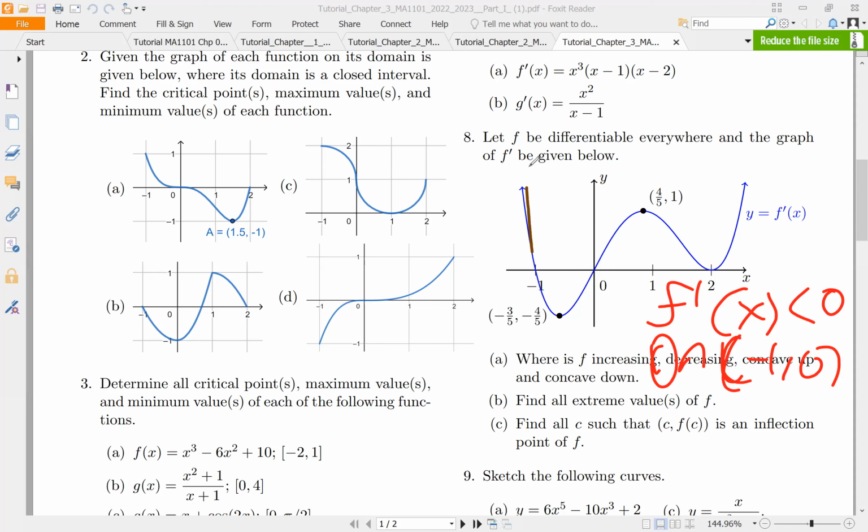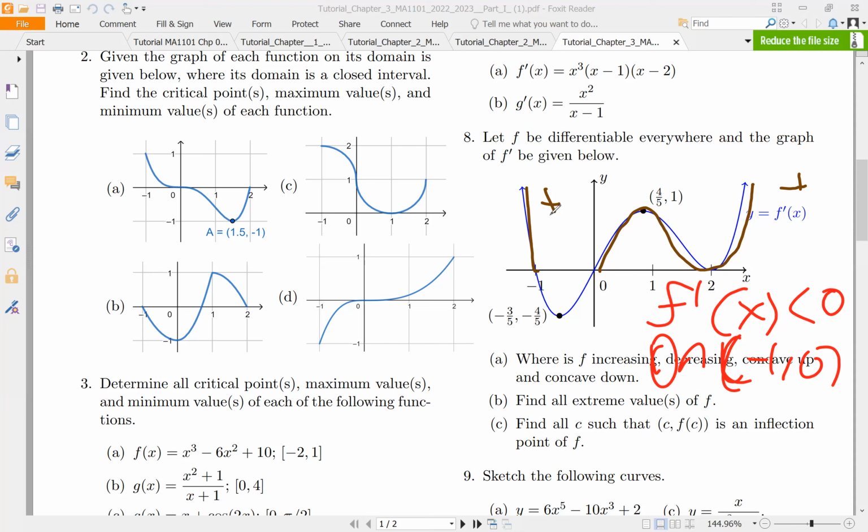In this case, f' is positive, and in this case, f' is also positive. So f' is positive on the interval (0, ∞) as well, so f is increasing on that interval. So you have the monotonicity.